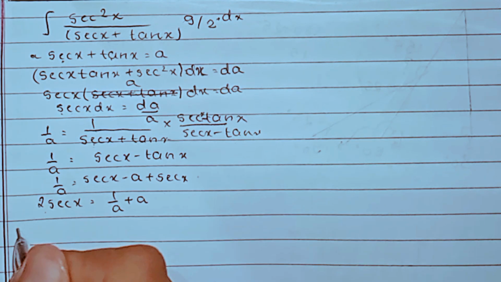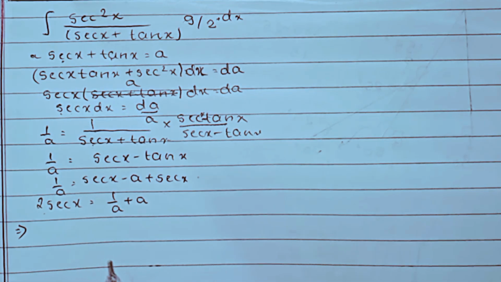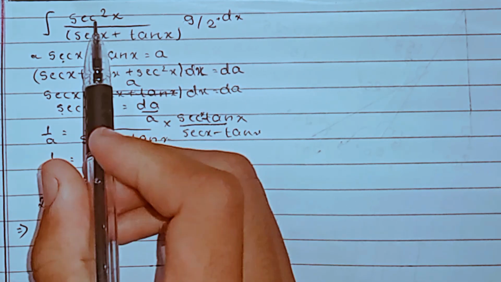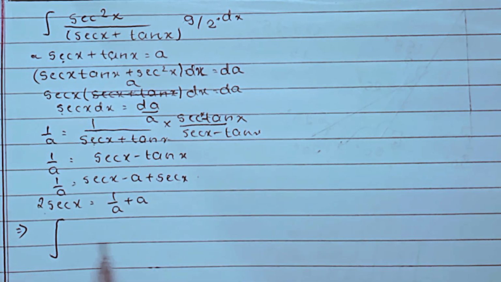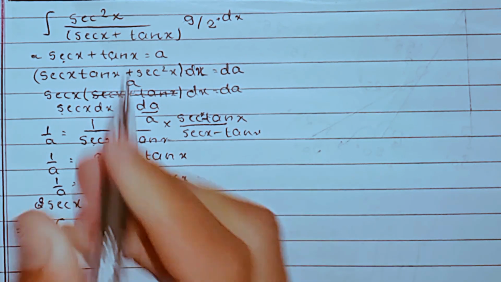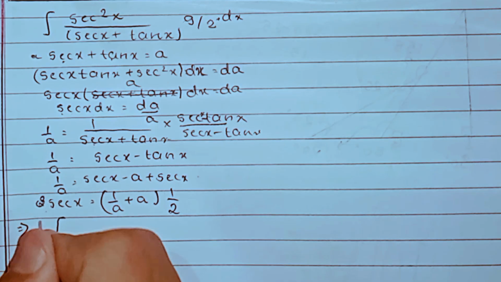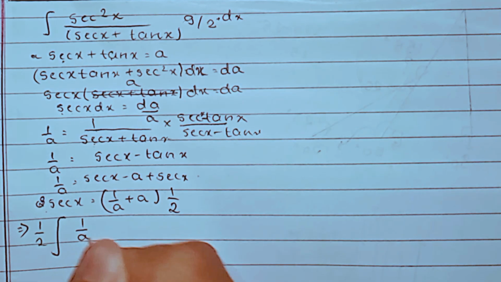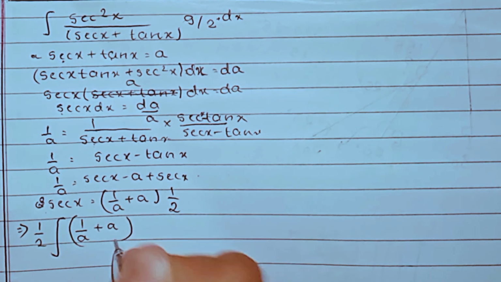So let's begin the solution. Integration of sec x: for one of the sec x we can write 1 by 2 (1 by A plus A). Okay, so we are done with one of the sec x.